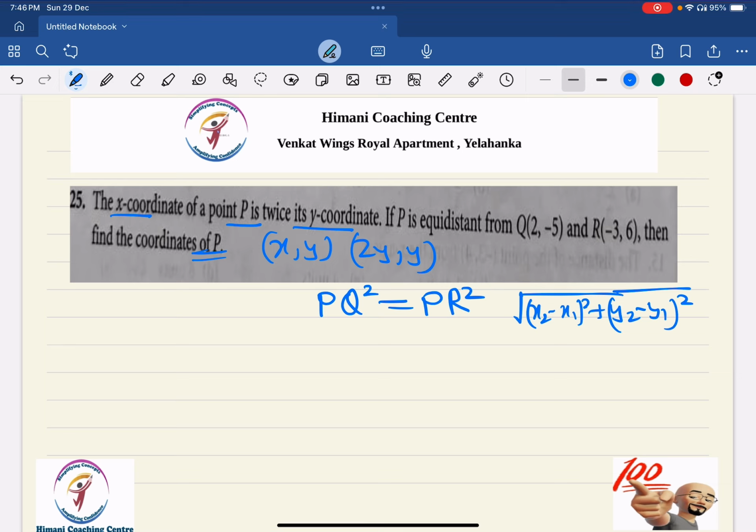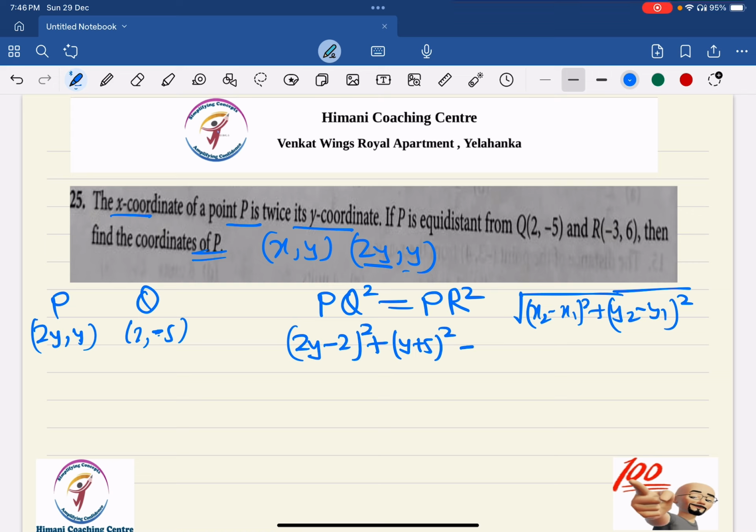Okay. So PQ, what would PQ be? P is 2y, y. Let us write the coordinate of P, 2y, y. Coordinate of Q is 2 and minus 5. So x2 minus x1. So can I write 2y minus 2 square plus y minus minus 5, which will become y plus 5 square.